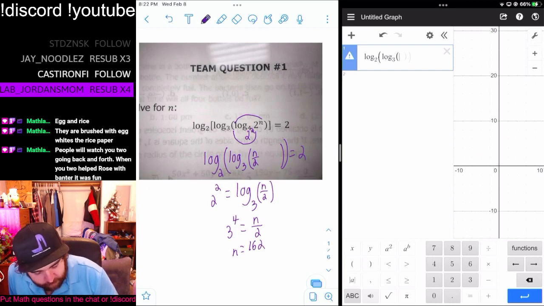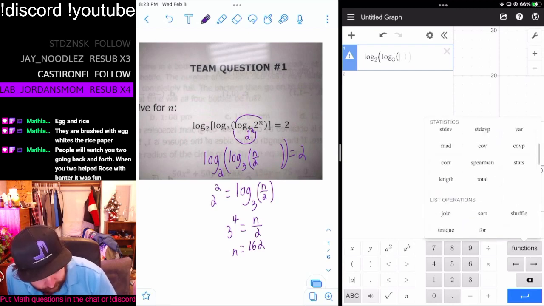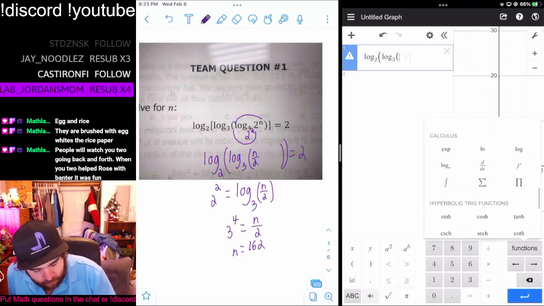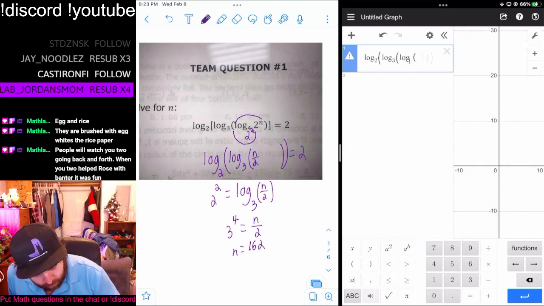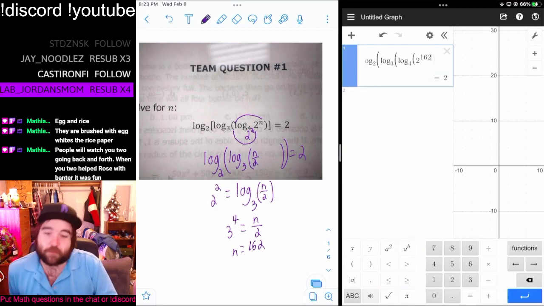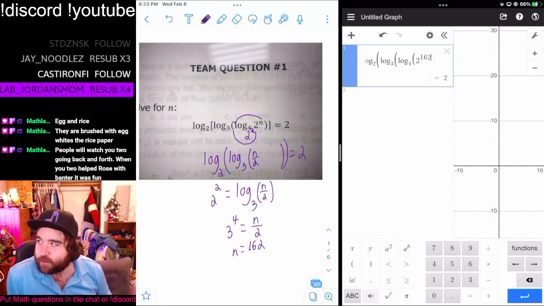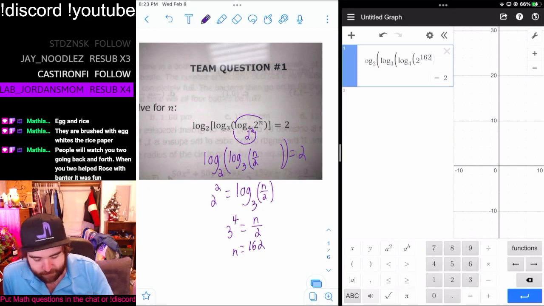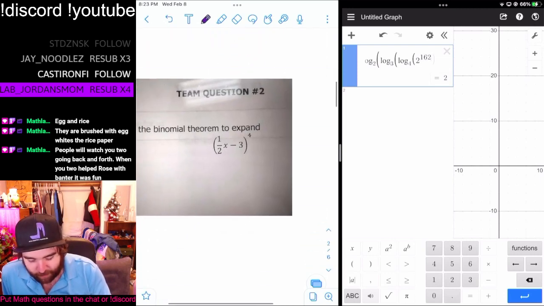It might try to calculate 2 to the 162 and then have some issues. Log of 4, 2 to the 162. Boom. Equals 2. No problems at all. Nice. Good one.